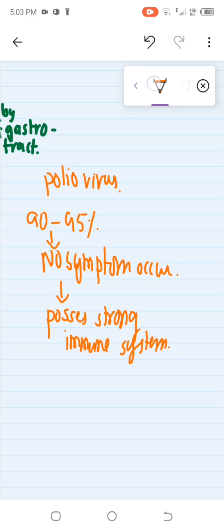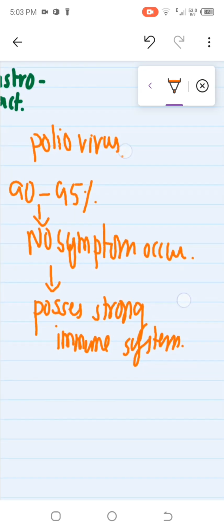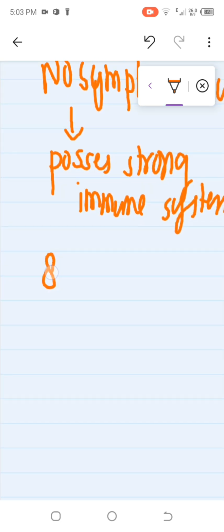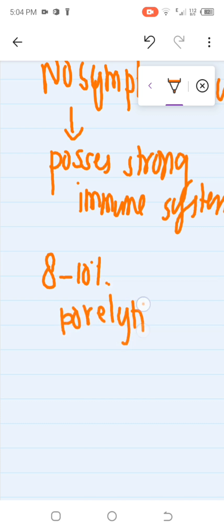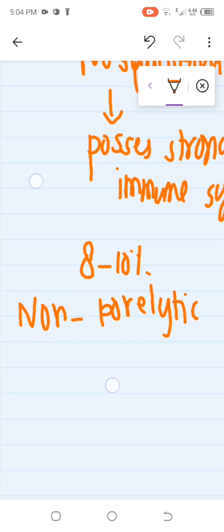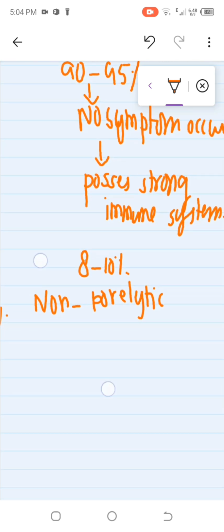And if I talk about the 8 to 10%, symptoms occur, but those symptoms are non-paralytic, which means they do not kill the person or any cell.